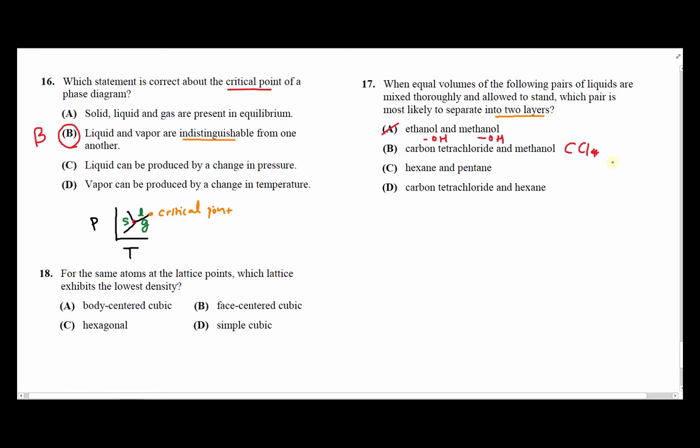Each bond angle between carbon and chlorine is 109.5 degrees and it's strictly non-polar. However, methanol has a dipole, it's an alcohol, it's polar, and it also has hydrogen bonding, so they will not mix very well. So answer is B.